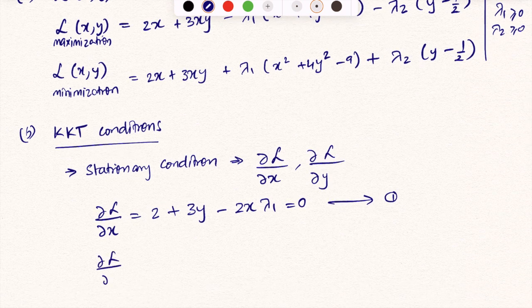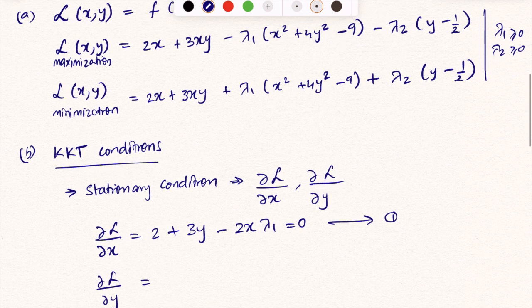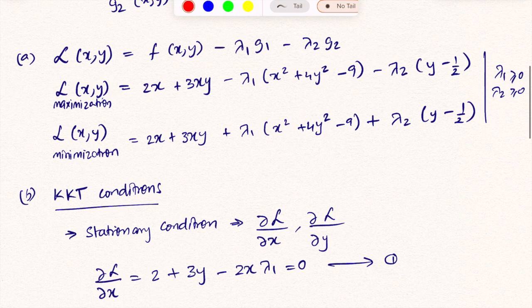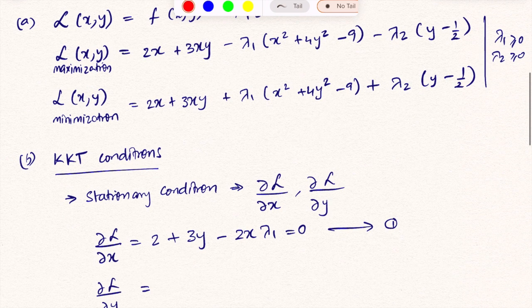Partial L with partial y. Again, very similar story. We look at the Lagrangian function, and we find that 2x has no y terms, that gets cancelled out to 0. 3xy obviously resolves to 3x. Over here, lambda 1 x squared gets cancelled out, and minus 9 gets cancelled out, but 4y squared resolves itself to 8y, minus 8y lambda 1, and minus lambda 2, and then minus half lambda 2 gets resolved to 0.